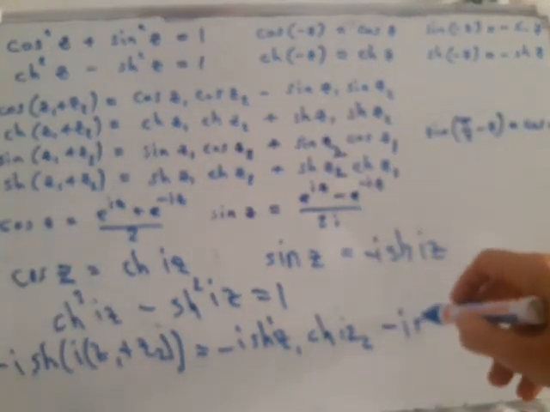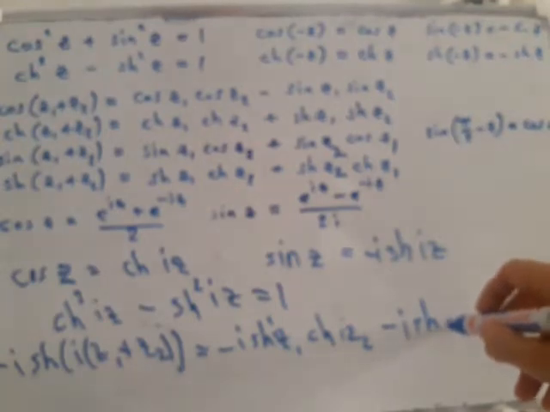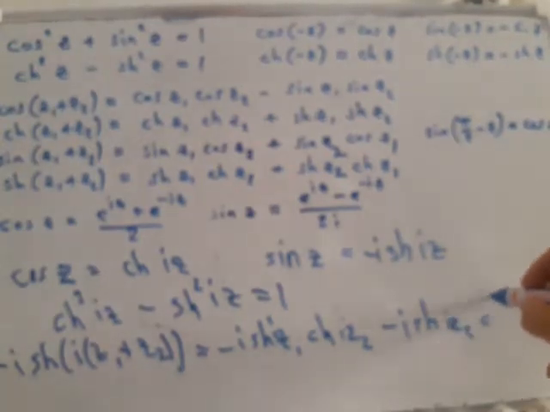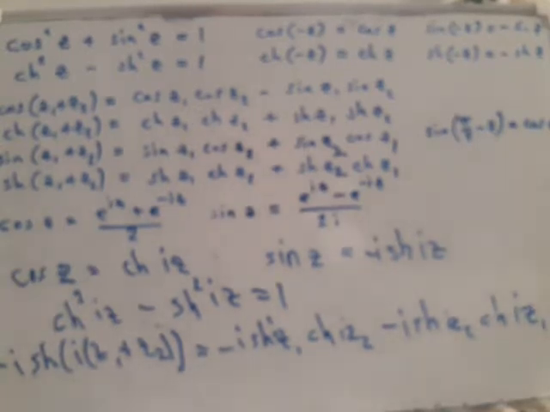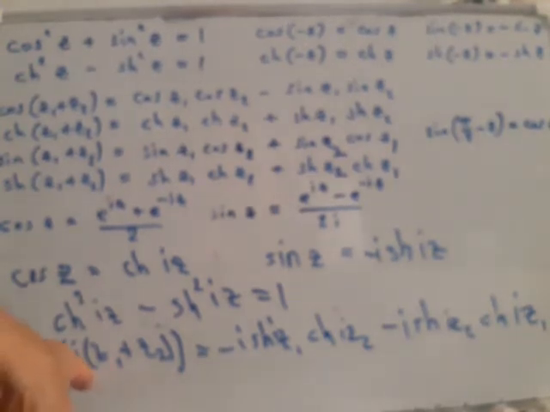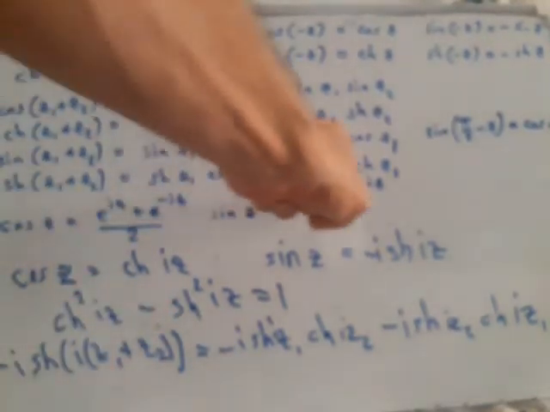So minus i sinh of i z2 and cosh of i z1. So now all we have to do is divide by minus i, and if we like, we can change i z1 into a new variable z1 or something, and we end up with exactly this expression here.